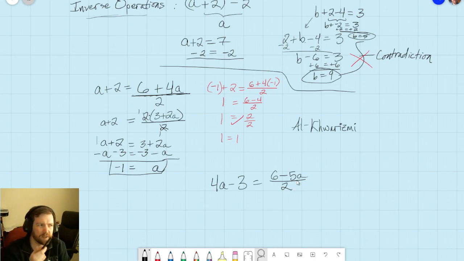Right, so something similar, but not quite exactly the same. This is not going to divide nicely. It doesn't have the common factor that the other one did.